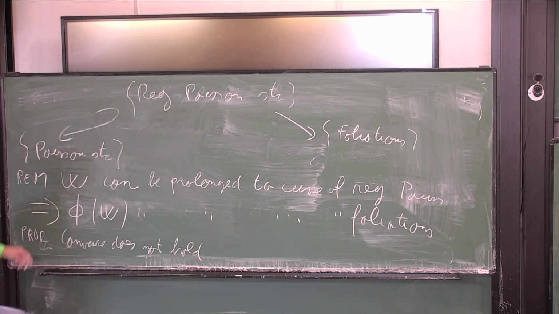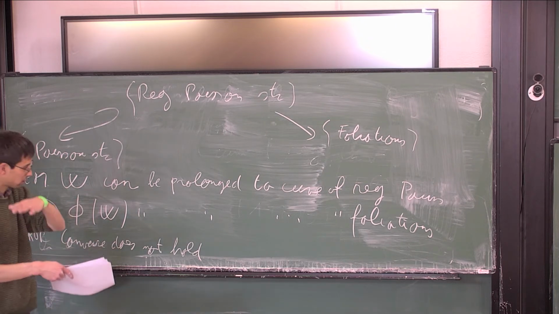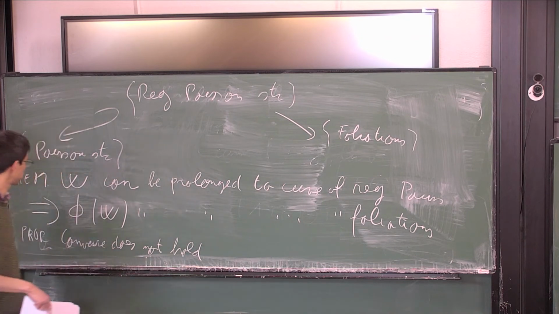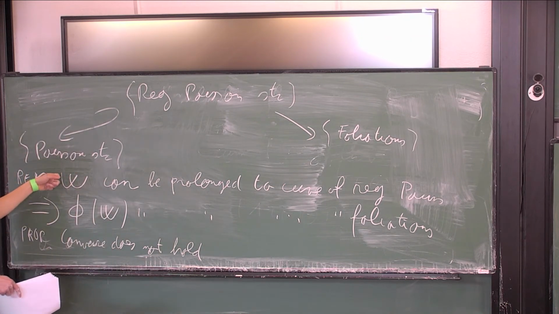Meaning that if you have an infinitesimal deformation of pi such that, once you project, the corresponding infinitesimal deformation of the foliation can be prolonged to a curve of foliations, you might not be able to prolong pi. If phi of W is 0, in that case, yes.